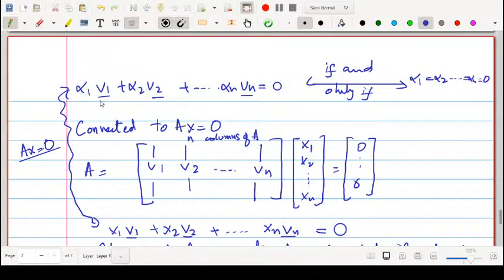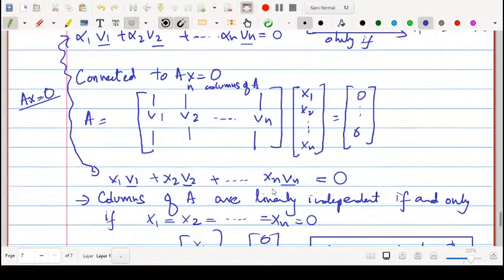And finally, we saw how that definition was really connected to Ax equals 0. If you have vectors v1, v2, up to vn, and you're trying to decide whether they're independent or not, then you make a matrix out of these vectors, stacking them column-wise, and you try to solve Ax equals 0.